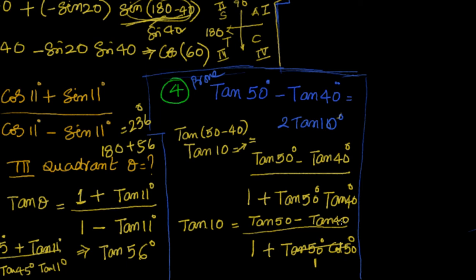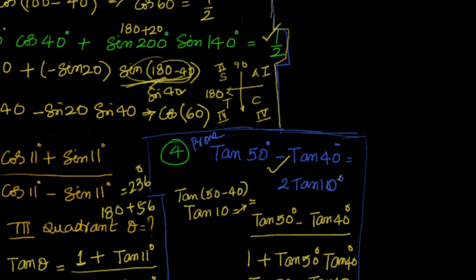So 2 into tan 10 is tan 50 minus tan 40. That is what we have to prove. If you cross multiply, tan 50 minus tan 40 equals 2 tan 10.